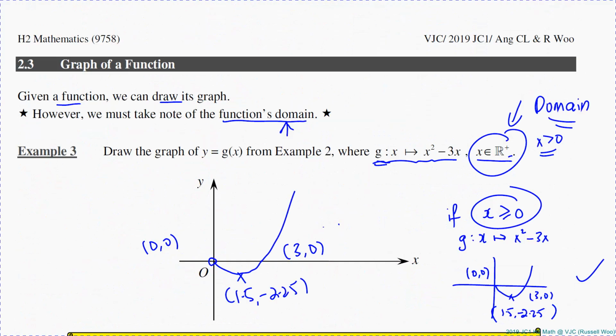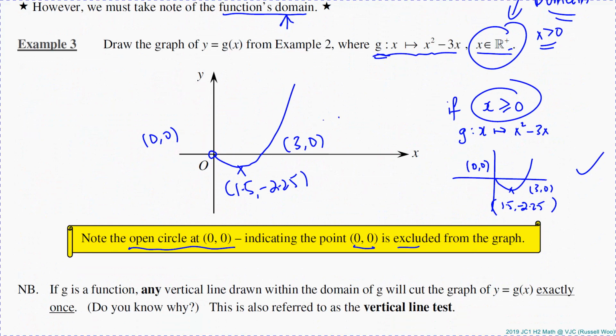Now, the graph should also represent it because you put one input, let's say for example, you put x equals to 3 inside. You should get one output which is 0. If you put x equals to 0 inside, no, cannot put 0. x equals to 1 inside, then you should get only one output, which is -2.